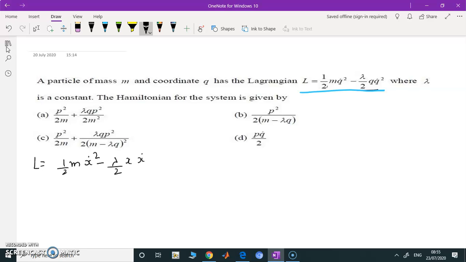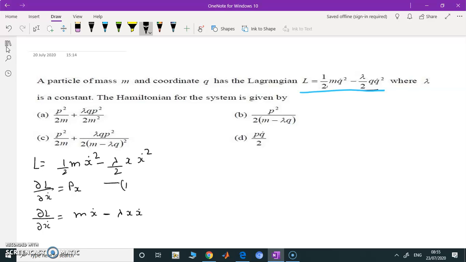First thing we need to do is dou L by dou x dot, which is equal to Px. If we do dou L by dou x dot, what will we get? We'll get m x dot minus lambda x dot.